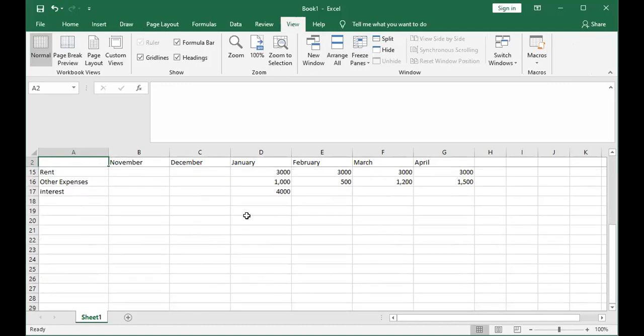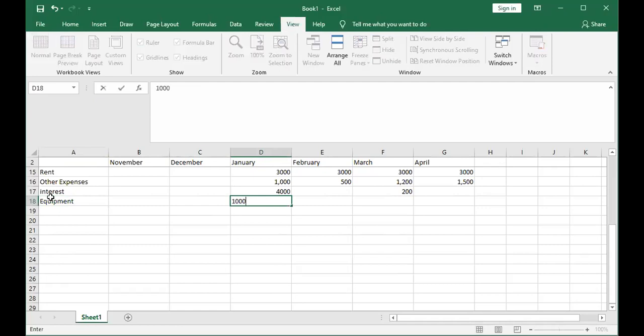Okay. So interest in January and also in March. There is an interest payment in January and March. In January, there is also equipment that the company needs to buy, so the cost is 10,000.